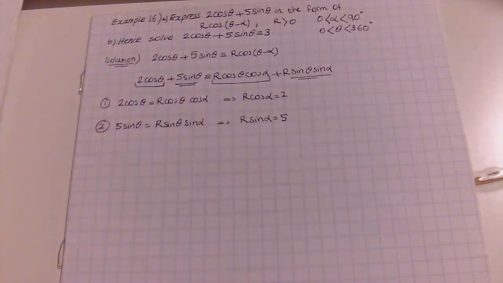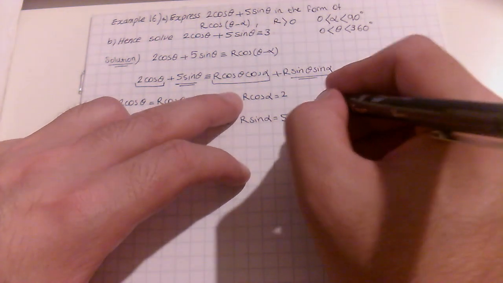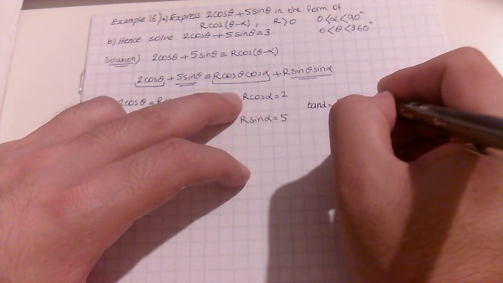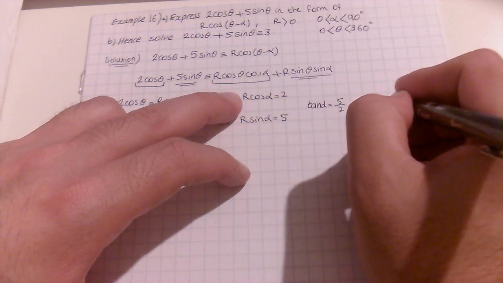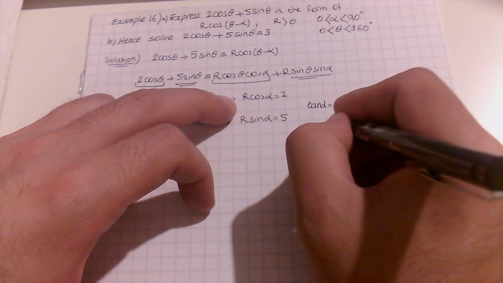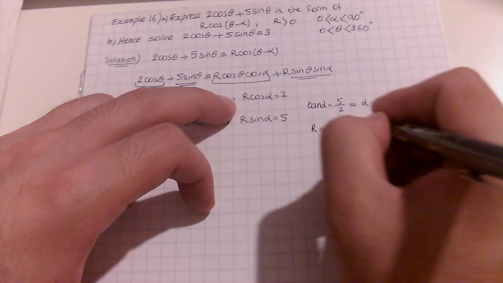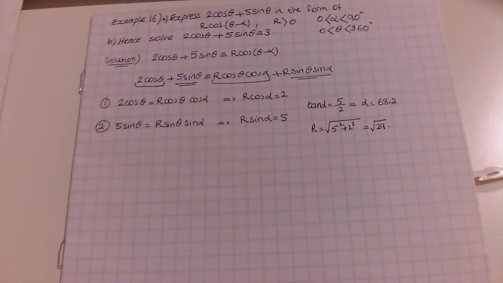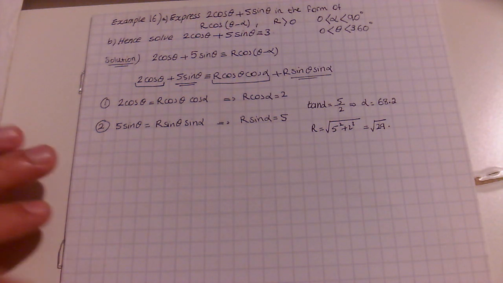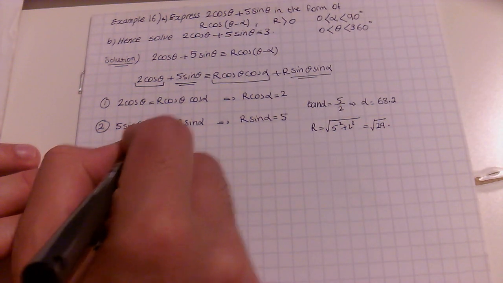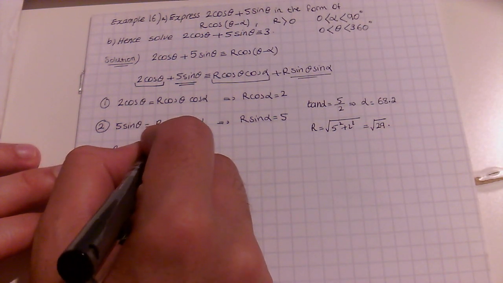Similarly, 5 sin theta must be equal to r sin theta sin alpha. Sin theta and sin theta cancel from both sides, therefore r sin alpha equals 5. So dividing equation 2 by 1, we get tan alpha equals 5 over 2.